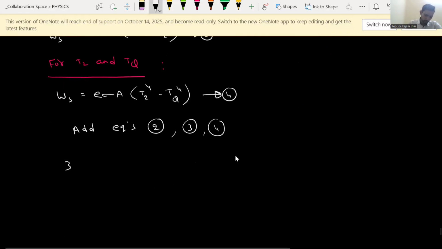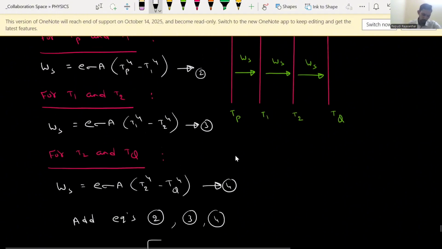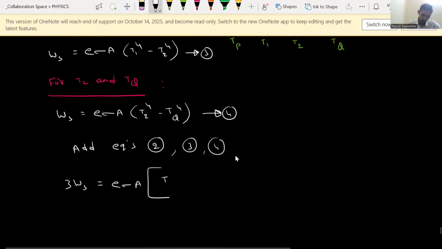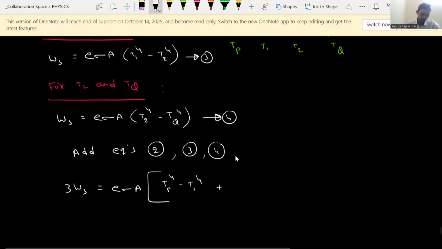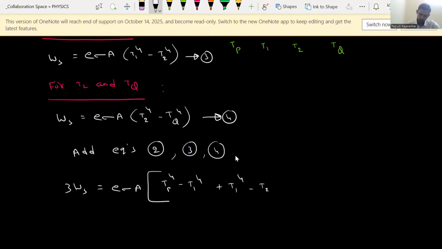So if I add, 3Ws equals to E sigma A, taking common, what is left is Tp power 4 minus T1 power 4, plus T1 power 4 minus T2 power 4, plus T2 power 4 minus Tq power 4.